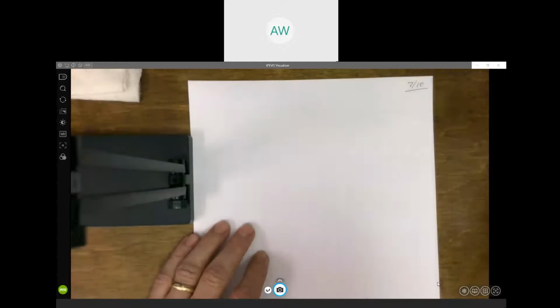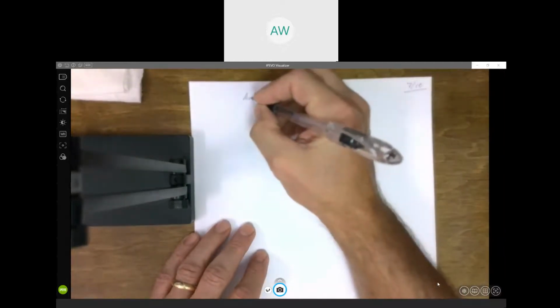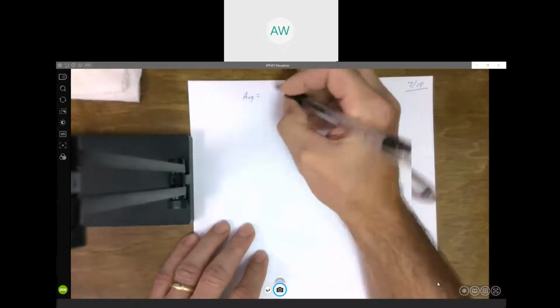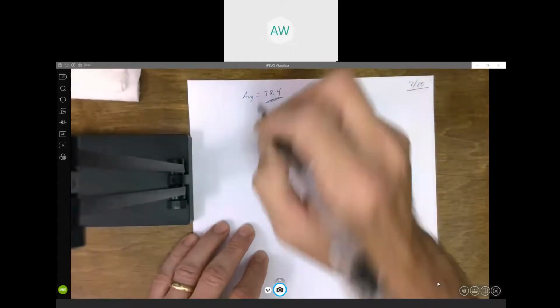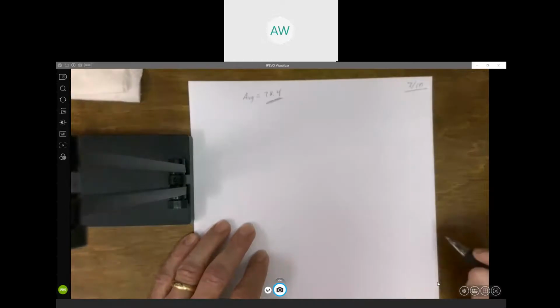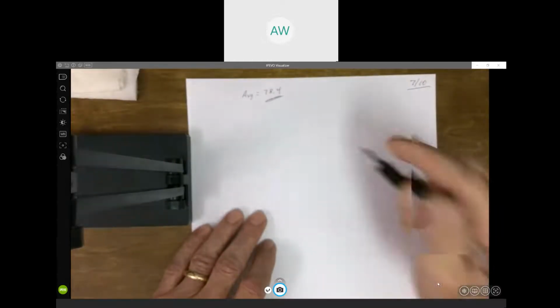So if you didn't get that email, just wanted to pass that information along. Just FYI, if you're curious, the average on the test is actually a little bit higher than the first one. 78.4 was the average, which is pretty good. That's about where the average should be.